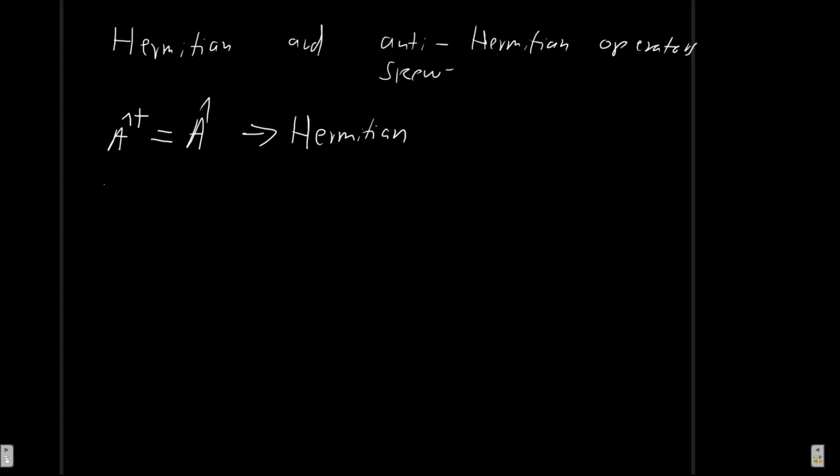And if we have some operator and we take its adjoint and we get back minus this operator, this is what we call anti-Hermitian or skew Hermitian. And this is just extremely important. Why is that?